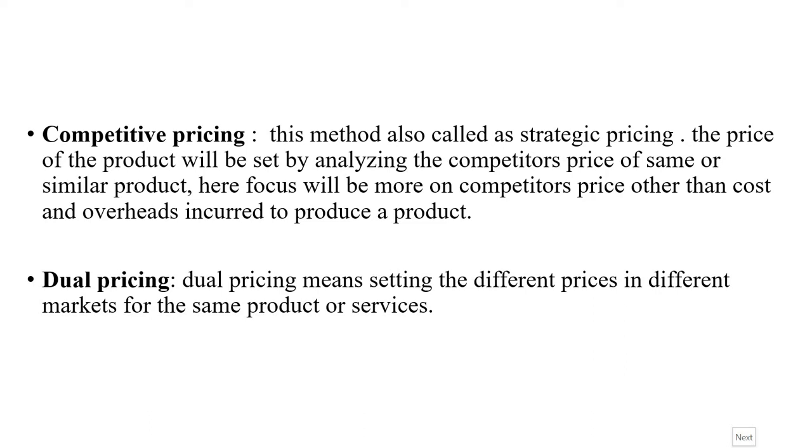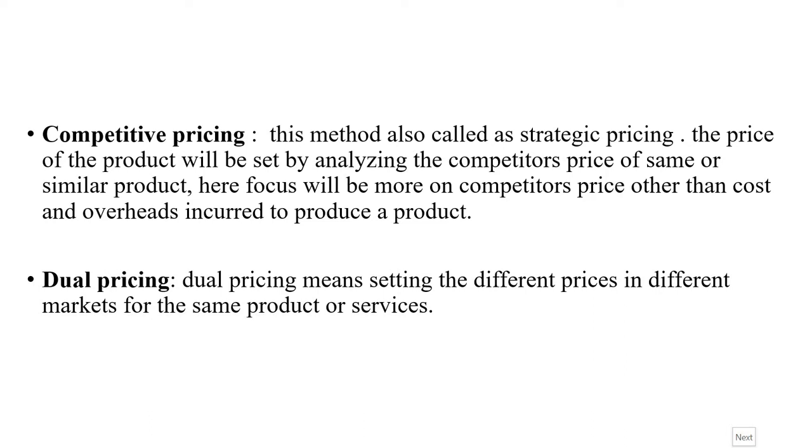For example, there is a commodity X. If someone else, some other competitor, is selling the same kind or a similar product in the market, whatever price they set, on that basis we are going to set our price for the commodity.